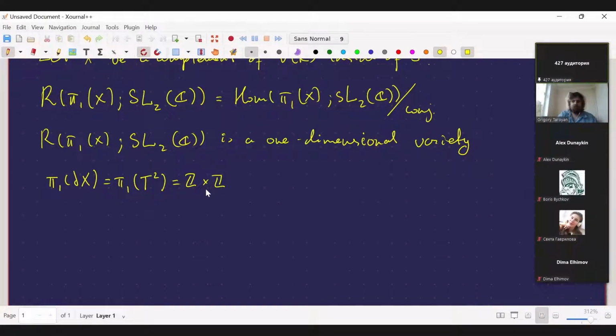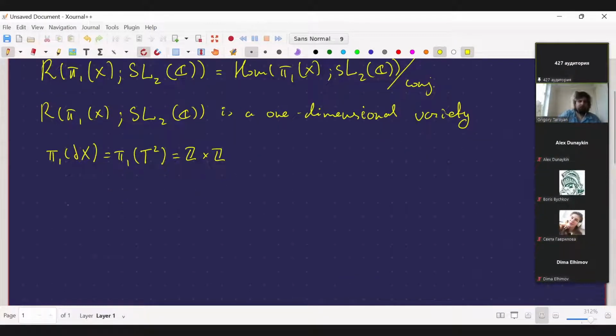And we can fix an upper triangular form of the representation of this group. So if we think that this copy of Z is generated by mu and this copy of Z is generated by lambda, then we can consider a specific form of a representation of these generators. Since we're representing in SL2, we should have matrices of the following form.